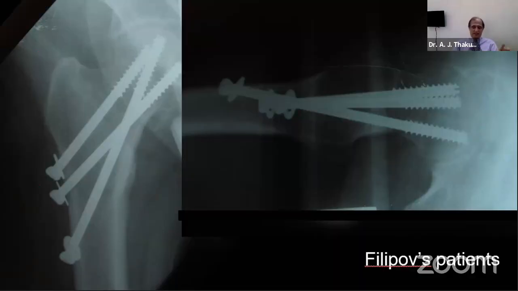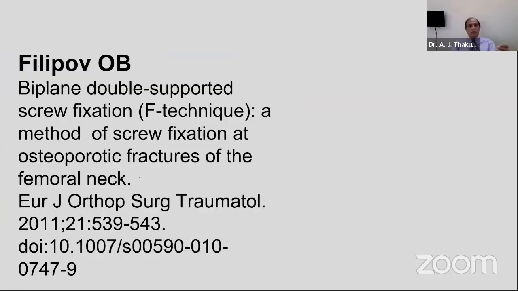All these X-rays I showed are straight from Filippo only. He was kind enough to send me some examples, and I'm sharing them with you. His article has been recently republished in the American Academy journal, but his original article was in the European journal, and one should read that one or also the one published in the American Academy.